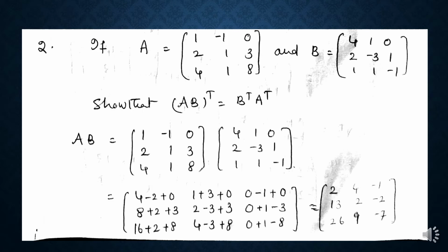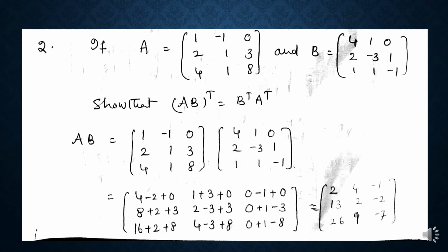Third row: 4 into 4 is 16, plus 1 into 2 is 2, plus 8 into 1 is 8. 4 into 1 is 4, minus 3 into 1 is minus 3, plus 8 into 1 is 8. 4 into 0 is 0, plus 1 into 1 is 1, minus 1 into 8 is minus 8.